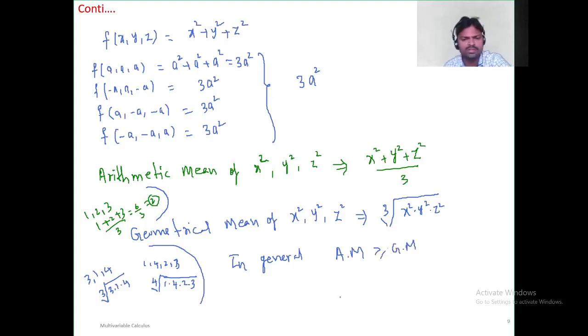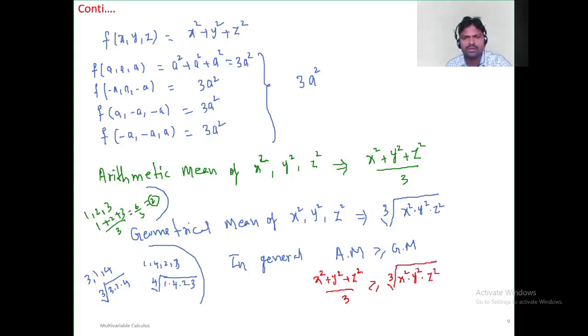Now what does it mean? What is the arithmetic mean here? x square plus y square plus z square upon 3, and this is more than or equal to the geometrical mean, cube root of x square into y square into z square.